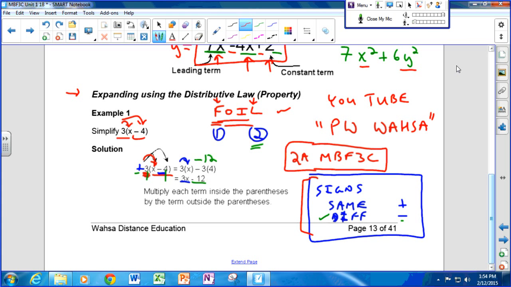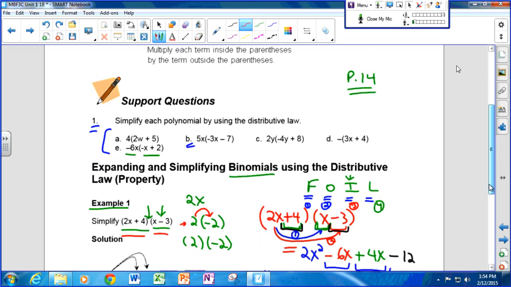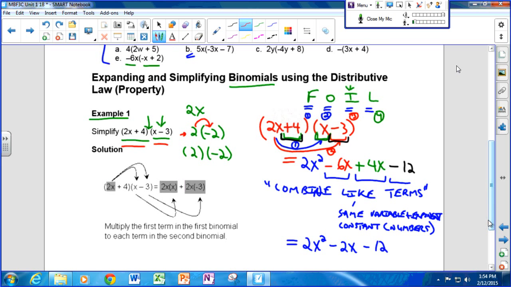Okay. Now we use FOIL, front, outside, inside, last, to help us keep track of how we're going to approach multiplying two binomials together. So something like, not this actually, something like this, page 14, right here. Okay, so we're just going to do it one step at a time. Now, when we're multiplying binomials together, what tends to happen is that the middle two terms need to be combined.